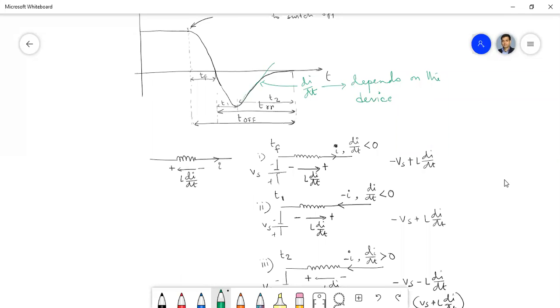Now, if we can reduce this slope, how can we reduce this slope? Can you suggest how we can reduce this slope? Make it steep or make it flat? Flatter. In what way do we have to change?